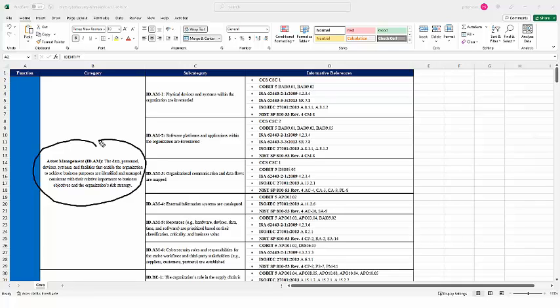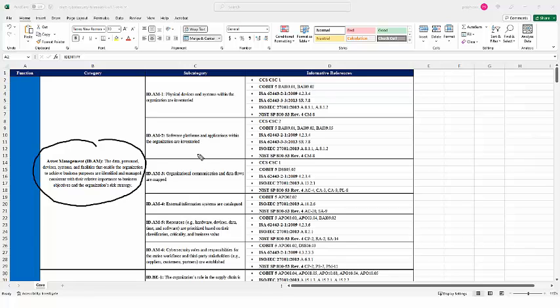The description clearly says data, personnel, devices, systems and facilities that enable the organization to achieve business purposes are identified and managed consistent with their relative importance to business objectives and the organization's risk strategy. It means if you want to run any company, we need assets. So the first step before protecting anything is to know what we need to protect.